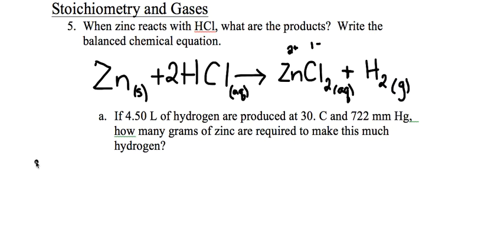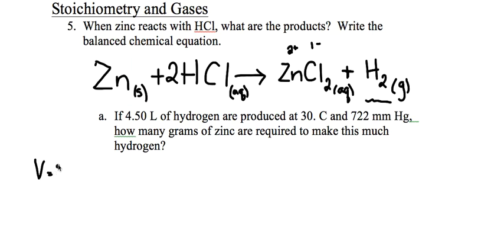4.5 liters of hydrogen were produced. So the volume of the gas, now that's the thing about the ideal gas law, is that all of the information that I'm going to gather for my ideal gas law has to be about the hydrogen, because that's the only substance that is a gas.